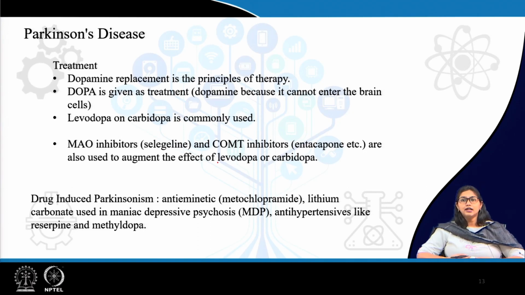We call it drug induced Parkinsonism. There is the antiemetic metoclopramide, then lithium carbonate which is given in manic depressive psychosis, antihypertensives like reserpine, methyldopa. They basically induce the manifestations of Parkinsonism by mimicking dopamine deficiency.